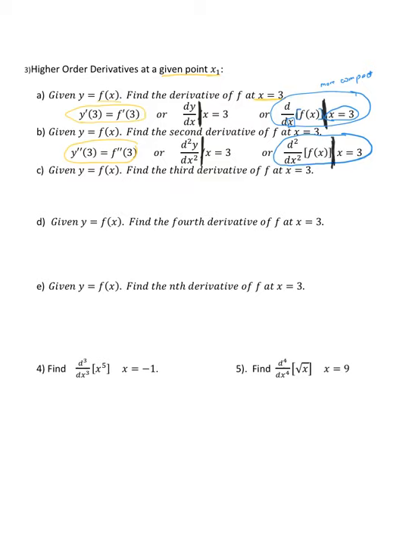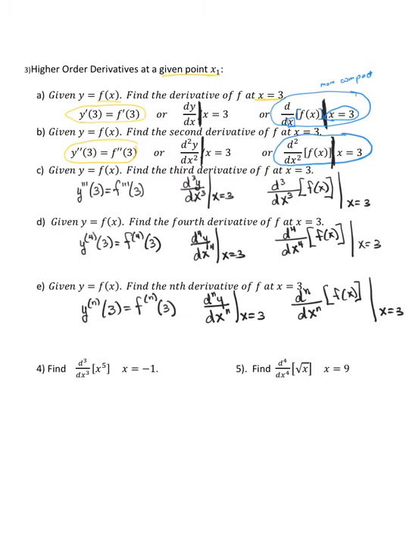So let's take a minute and write the third derivative of f at x equals 3, the fourth derivative of f at x equals 3, and the nth derivative of f at x equals 3 using parts A and B as a guide. So pause the video and try it. All right, I've written in the answers for you, and they're really very similar to part C. If we follow the pattern, notice with the fourth derivative, we put the parentheses around the 4, not to get confused with raising the function to the fourth power.